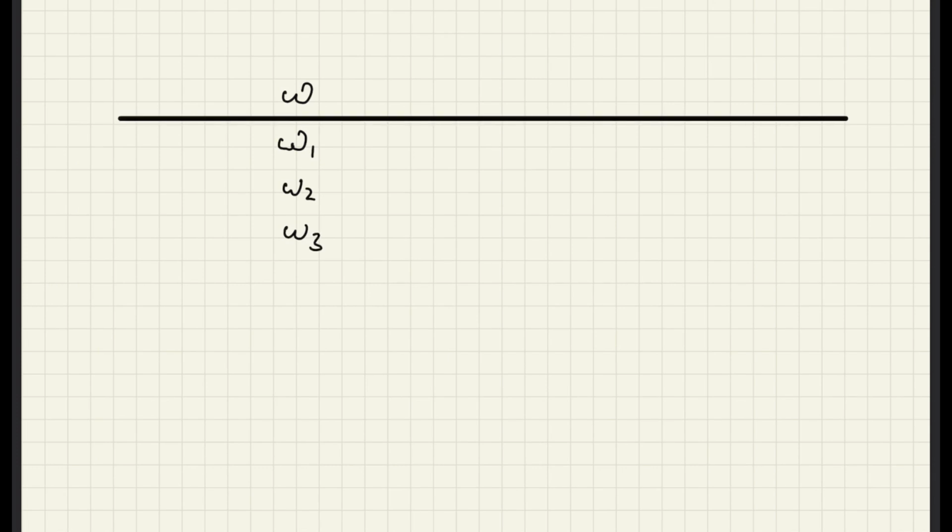For our random experiment, we need possible outcomes. Let's call those omega 1, omega 2, omega 3. Each of those outcomes has a certain probability. Let's say the first outcome has probability 1/6.